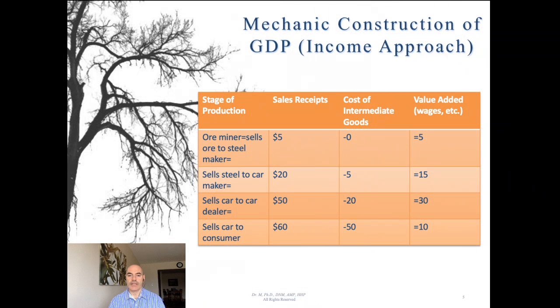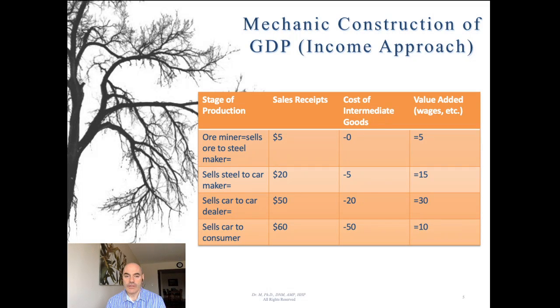Let's look at the income approach from the table. What I have in front of you is a mechanical construction of GDP using the income approach. In the first column, I have the stage of production, and there are 4 of them.